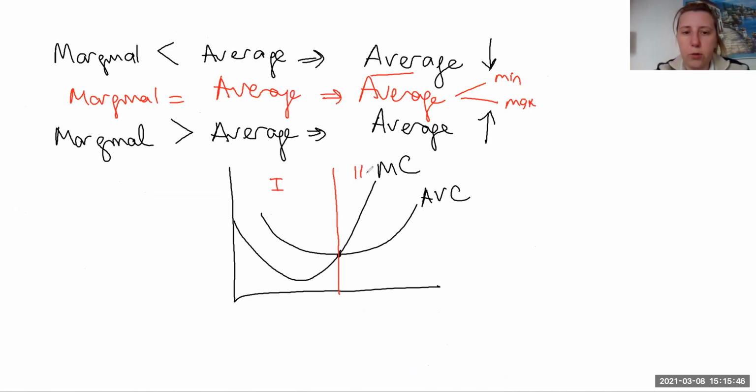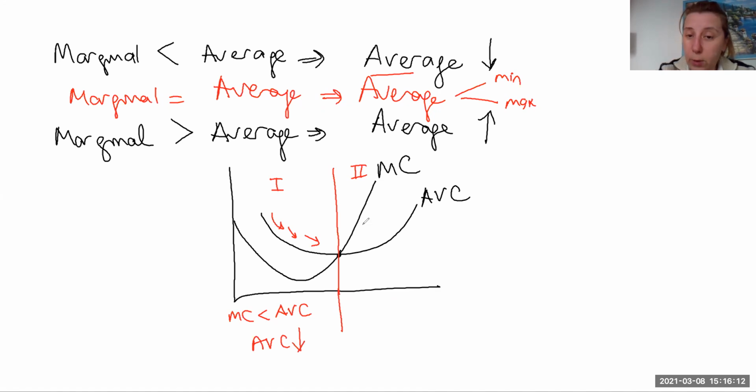Part 1, Part 2. Within the first part, please try to see that the marginal cost is just below the average variable cost. Here, marginal cost is less than the average variable cost. That's why average variable cost is decreasing.